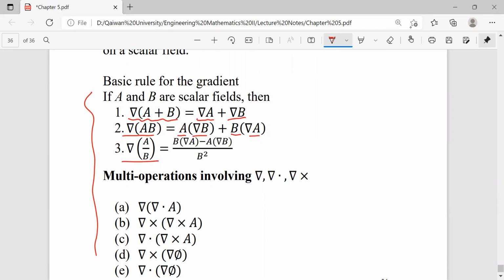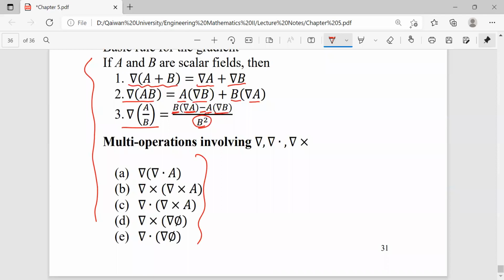For division, it's the same as the derivative of fractional functions: b squared in the denominator, times del of the numerator minus numerator times del of the denominator. And here you have these operations about the del operator. Now it's the end of this chapter, and see you for today.